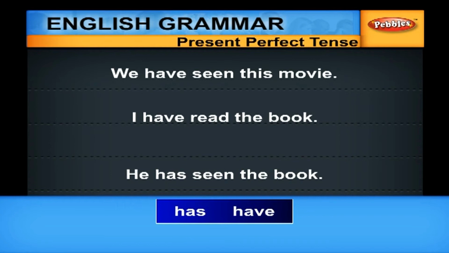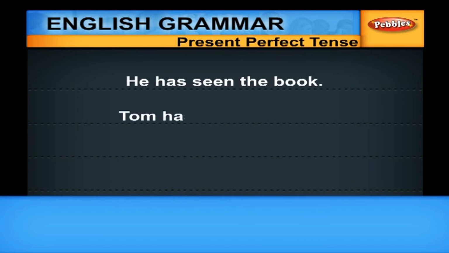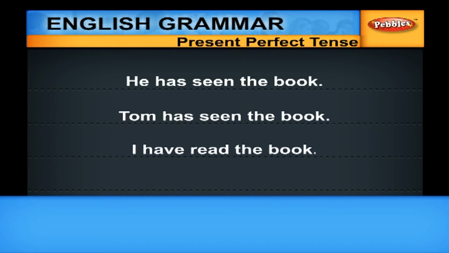What are the present tenses of the have form? Has, have. Has, if the subject is singular. Have, if the subject is plural. He has seen the book. Or Tom has seen the book. I have read the book.